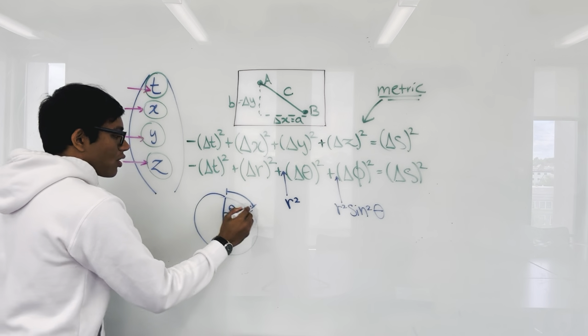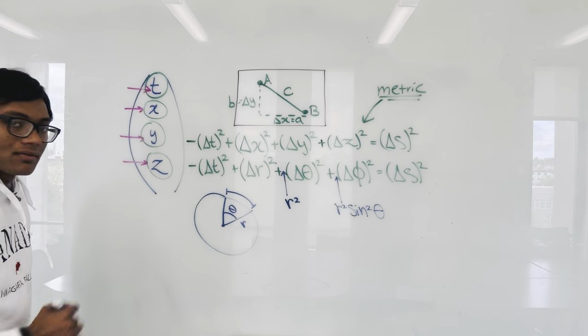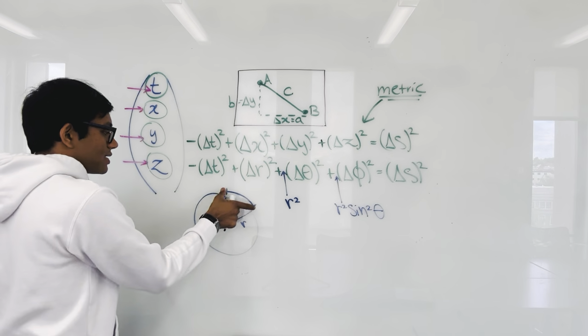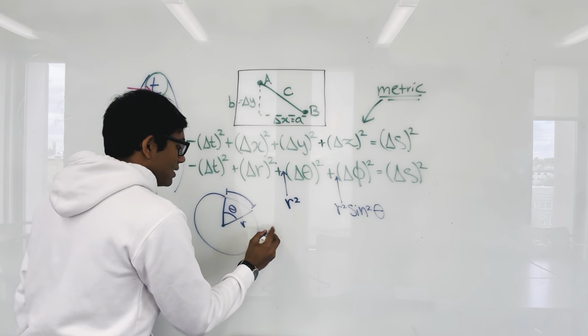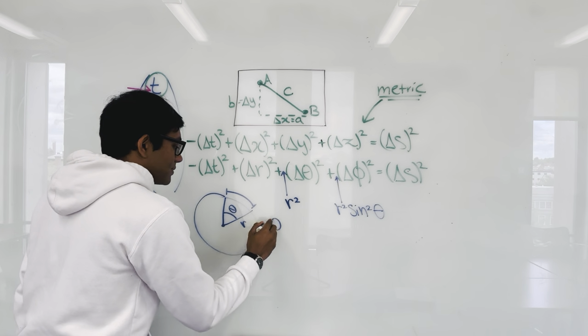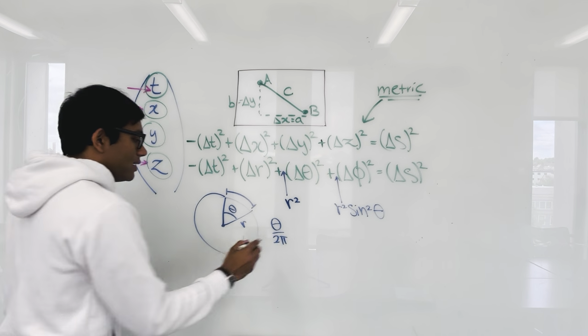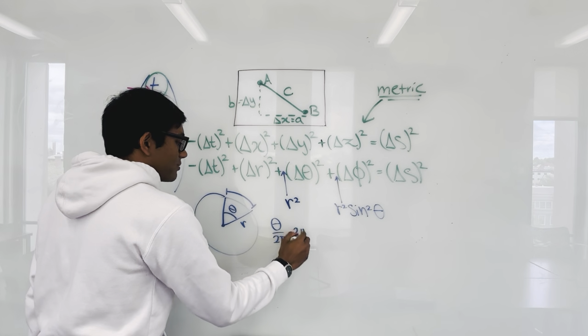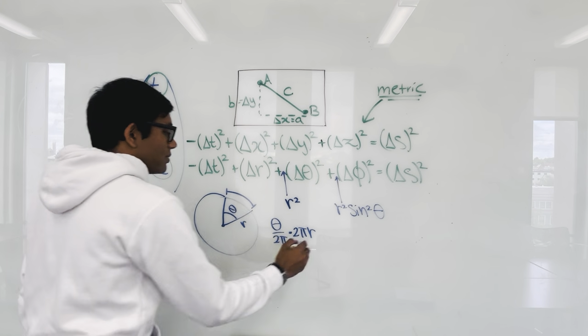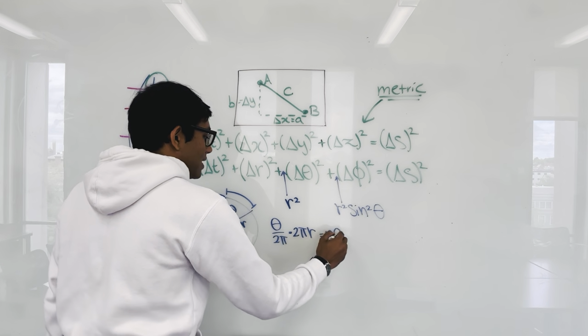How big is this arc length here? We can find out the size of this arc length pretty simply. The size of this arc length is however big my angle is out of 2 pi times the circumference of my circle. If I multiply these two things, I get r theta.